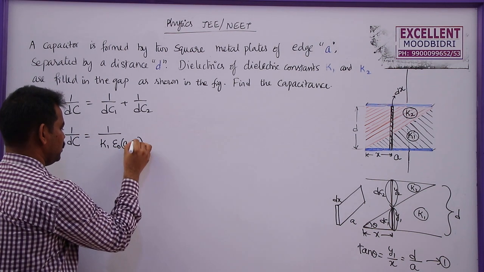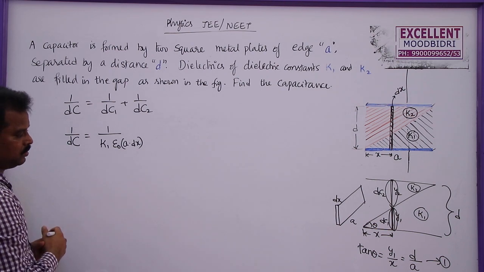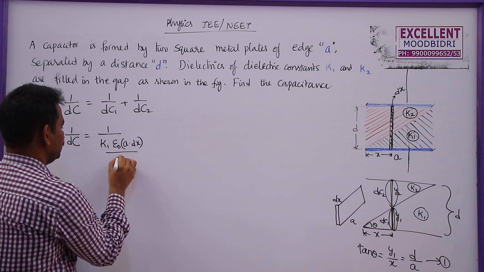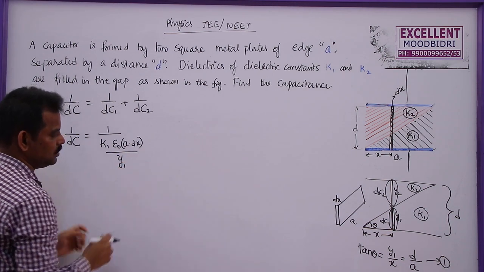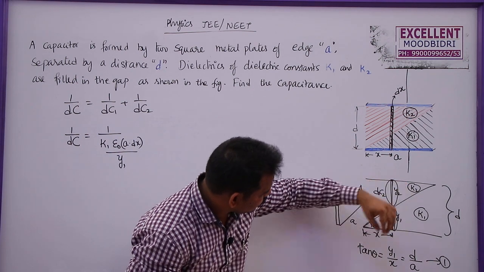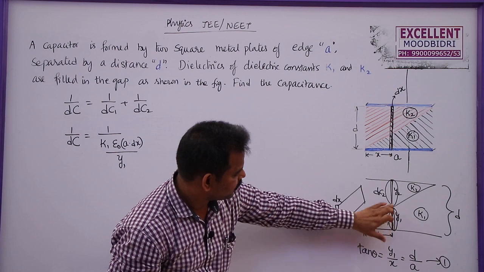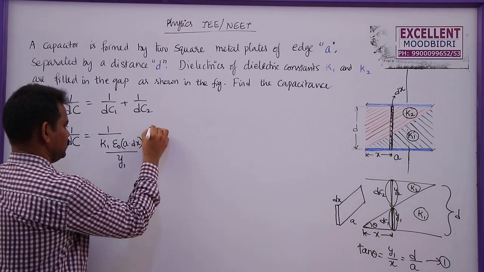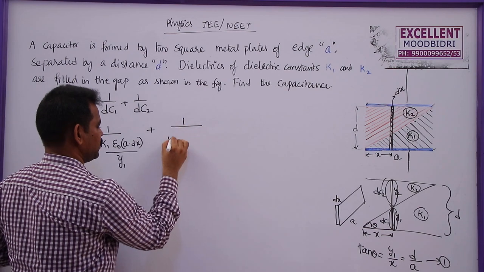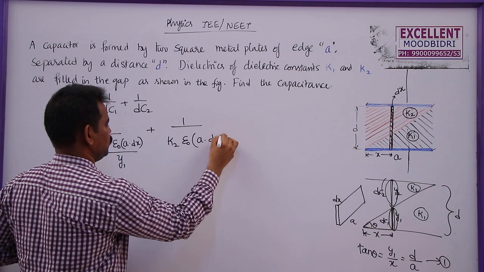A into dx, length into width, by the thickness y1, or the distance between these two ends, y1. This is dx into A, the area, into the distance between these two points, y1, plus for the second part, 1 by dielectric constant K2 epsilon naught A into dx.